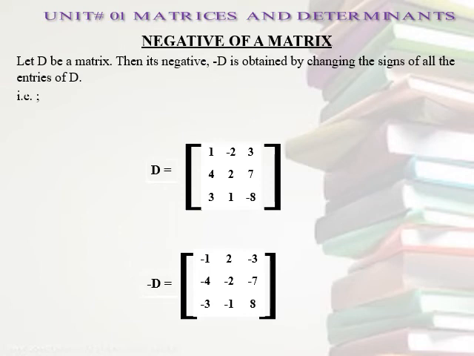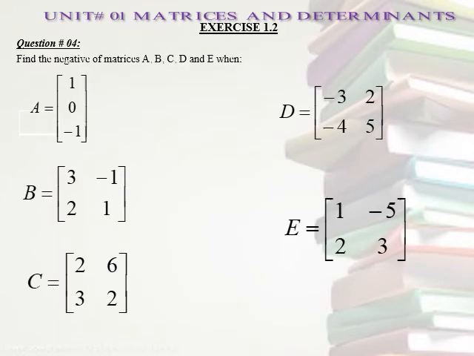This is how we get the negative of any matrix. This is question number 4 of exercise 1.2, find the negative of matrices A, B, C, D and E. As you are done with the concept, do it by yourself.